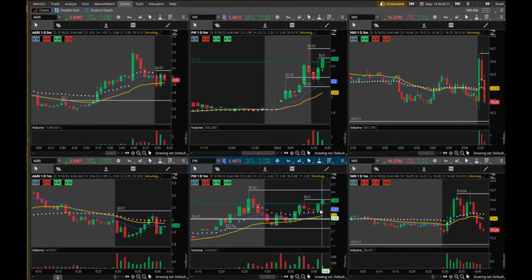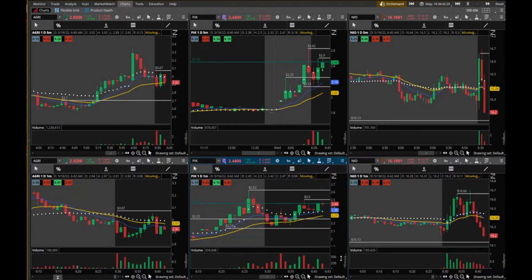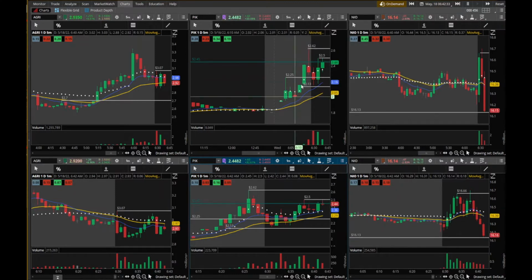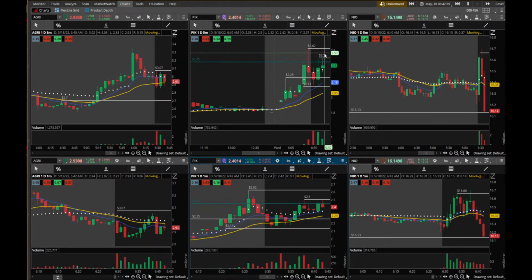This was actually pretty nice because I got in down here. I could have just sold like half of it up here and then added back as it pulled back to the VWAP, looking for a trade through 262. That actually would have been pretty good. Notice we got the high of this move and then this pullback, so it's very possible you could get a lower high up in here.